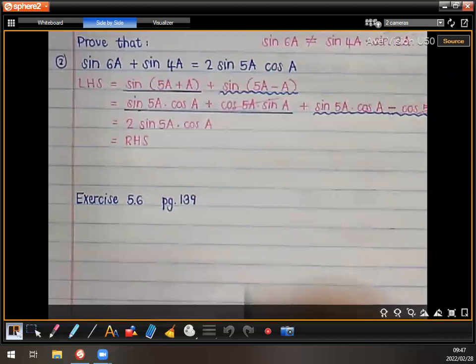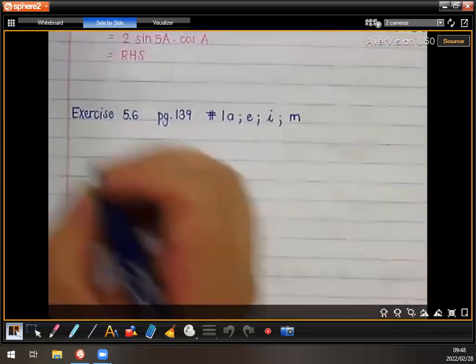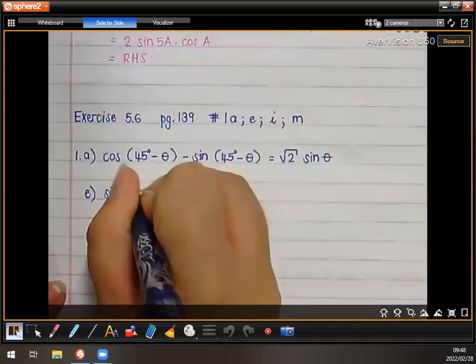So exercise 5.6. Those four. I will just write them out for you because they are on separate pages.